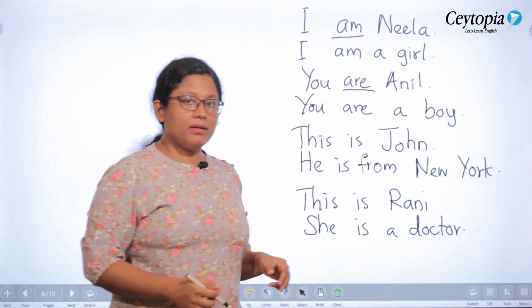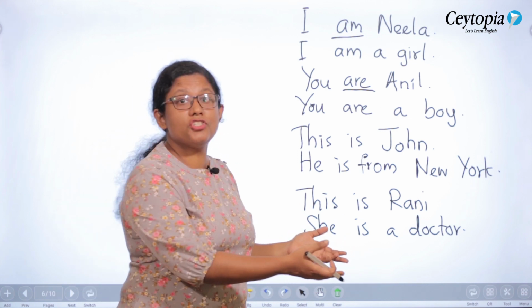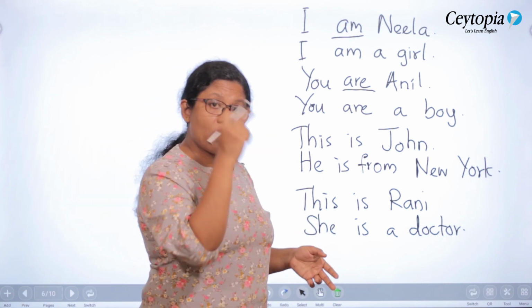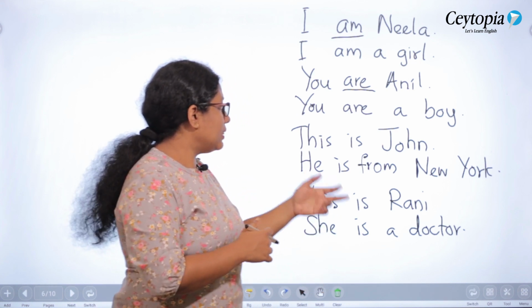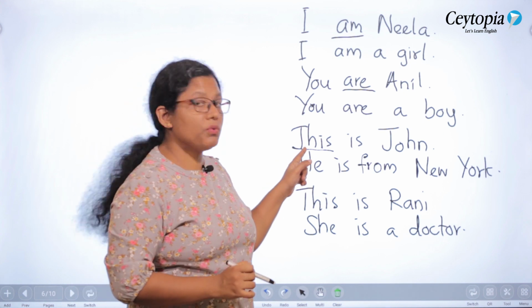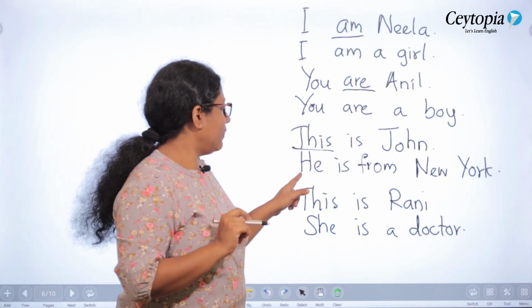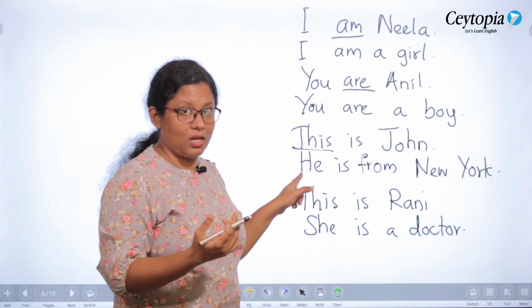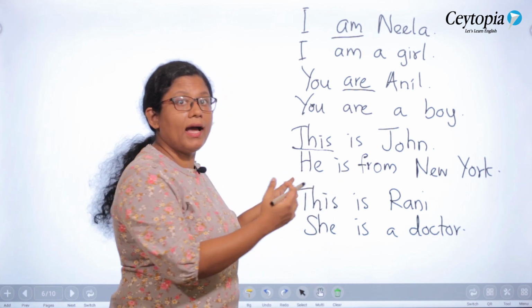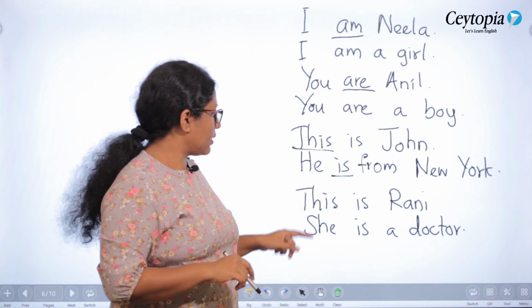Then again I am referring to John who is next to me. This is John. He is from New York. See, with the demonstrative noun, this, we are using the verb is. Why? It is singular. And then again you have a pronoun, he. Again I am using is. He is from New York.